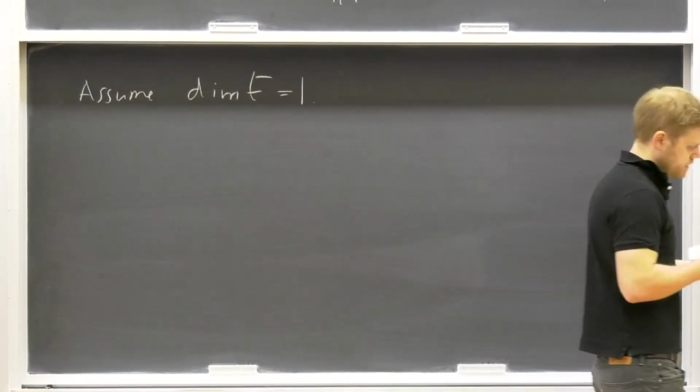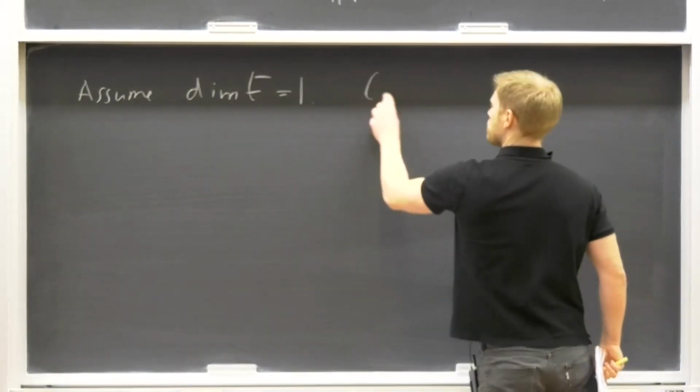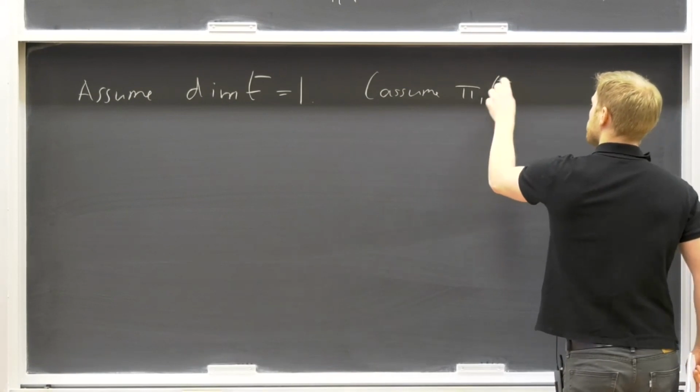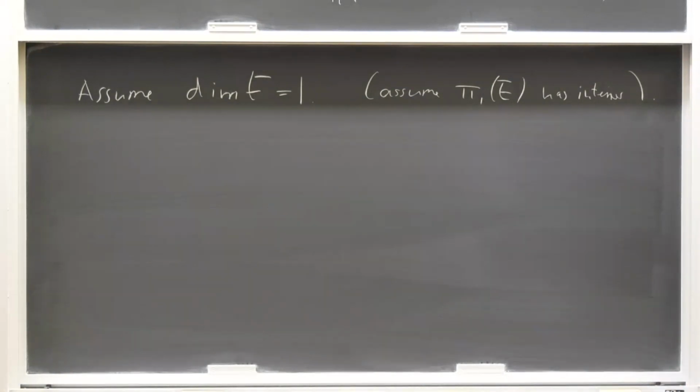So we have that, not sure actually whether I need this, but let's assume this. So assume that E1 of this has interior. Otherwise, change the coordinates.